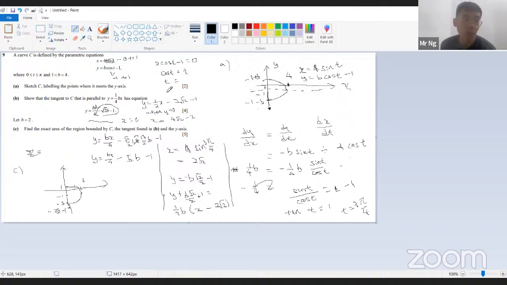So when this one is pi over 3, then your x will be 4 sine pi over 3, 3.4. Then the other one 3.6. Okay, so this thing cuts at 3.4, the curve. After that, the last line cuts at 3.6. So it's more to the right of this thing.